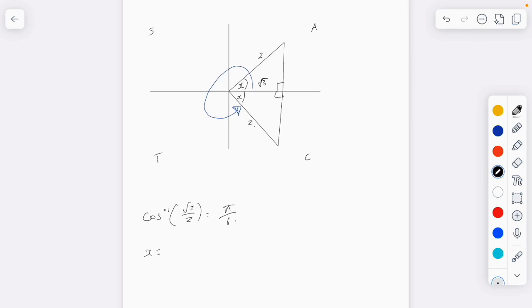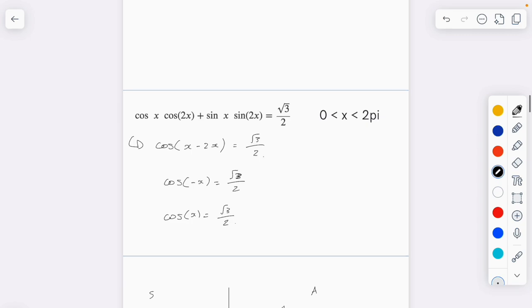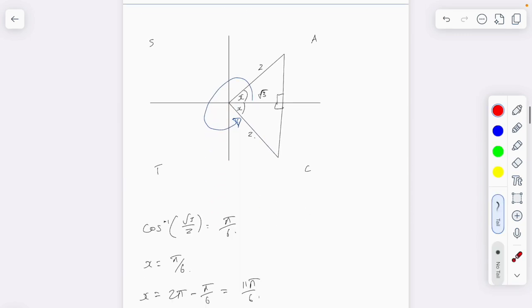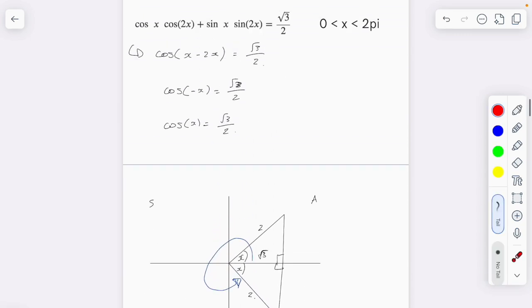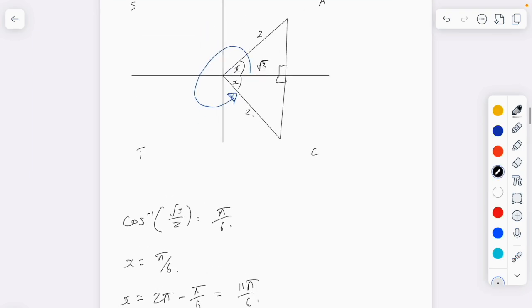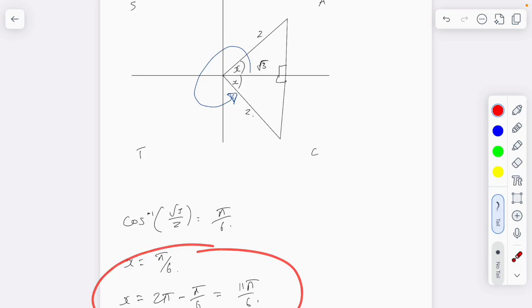So x is equal to pi over 6, or x is equal to 2 pi minus pi over 6, which equals 11 pi over 6. Now what's our period? 0 to 2 pi, and cos obviously has its own period of 0 to 2 pi. If we were to add 2 pi to any of these, or minus 2 pi, it would be out of the range. So therefore these are your final answers.